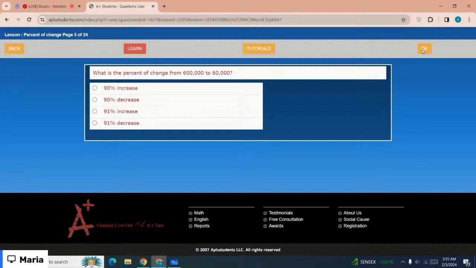What is the percent of change from 600,000 to 60,000? Which is the correct option? That is a decrease, right? From 600,000 you went to 60,000, right?